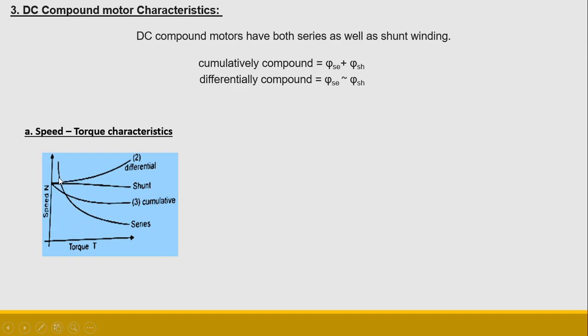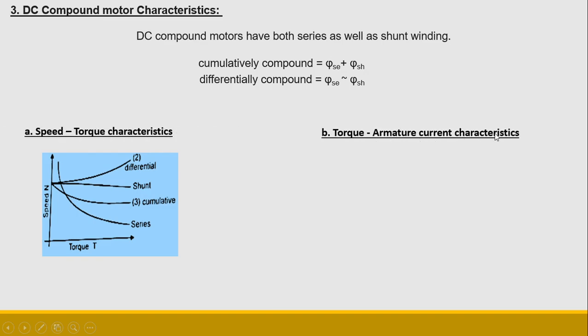First we have drawn the mechanical characteristics of the series motor, then the mechanical characteristics of the shunt motor, where the mechanical characteristic of the cumulative compound motor lies between shunt and series, and the mechanical characteristic of the differential compound motor is above the shunt motor line. Mechanical characteristic is nothing but the curve drawn between speed versus torque.